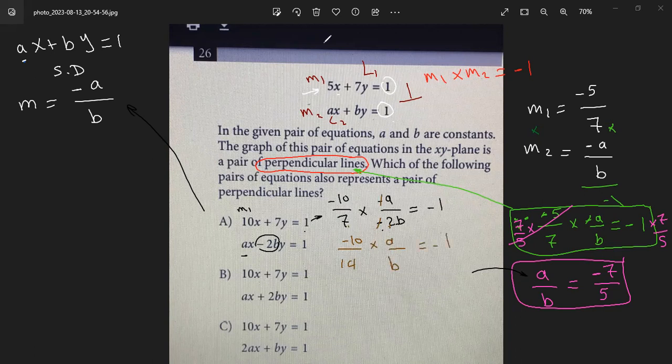We have negative with negative gone. You can do it by calculator or by multiplying by the reciprocal. So A over B equals 14 over 10. Use the calculator to simplify; you can use a calculator anytime. Divided by 2, it equals 7 over 5. Simplify by 2 if there is no calculator.